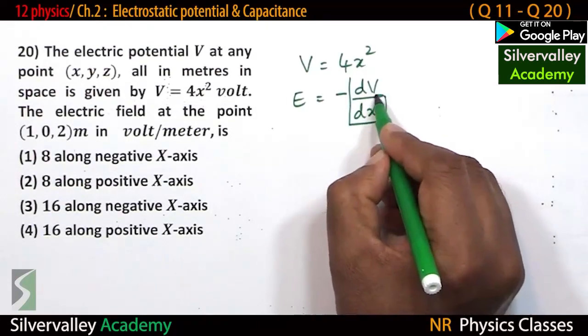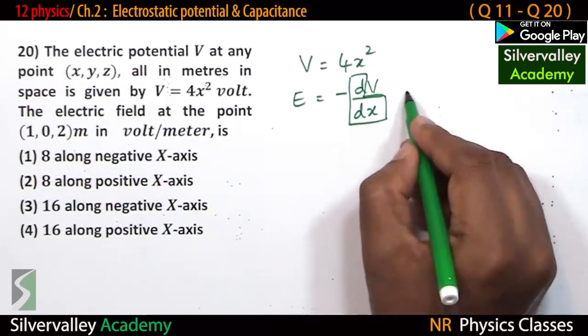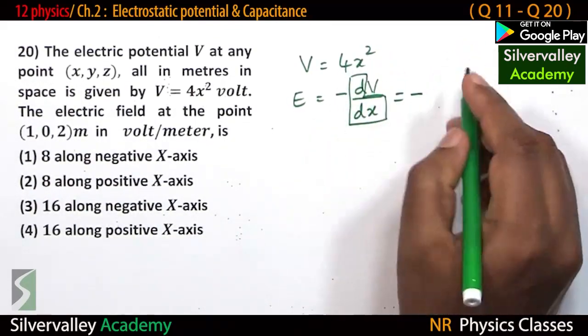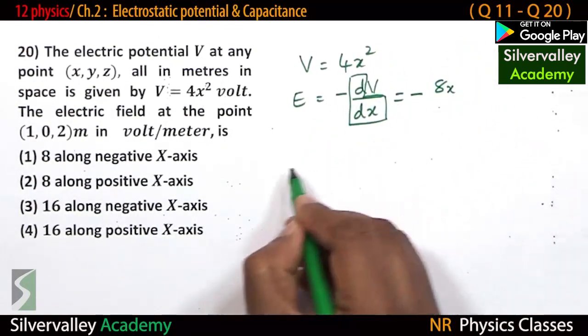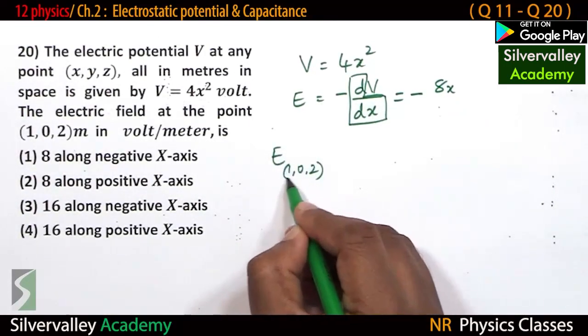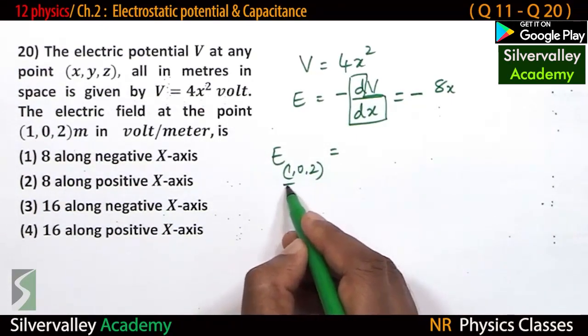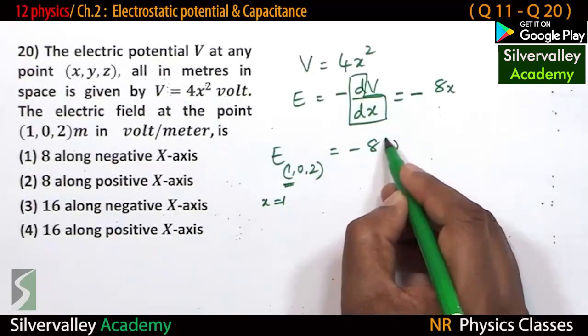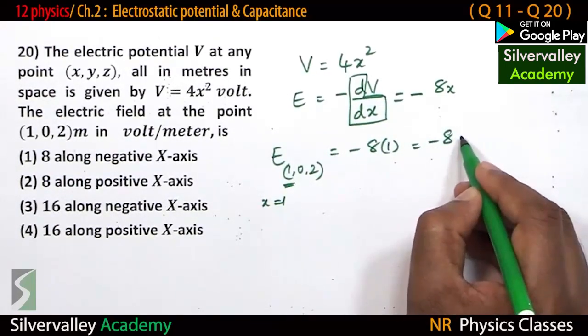So this is the gradient operator, with negative sign. Differentiate this with respect to x. It becomes 8x. So electric field at 1, 0, 2: x equal to 1. Substitute x equal to 1. What we get is minus 8.